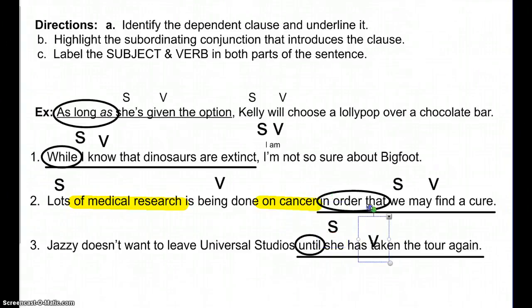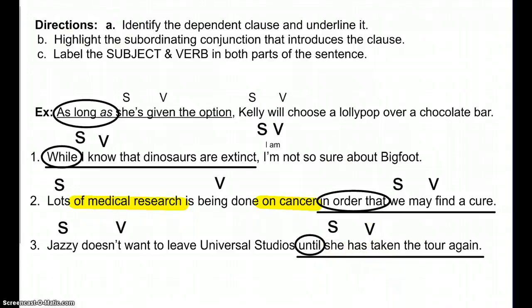Has taken is the verb phrase. On the other part of our sentence, Jazzy is a subject, and doesn't want, the way it's written, is our verb phrase, our verb.